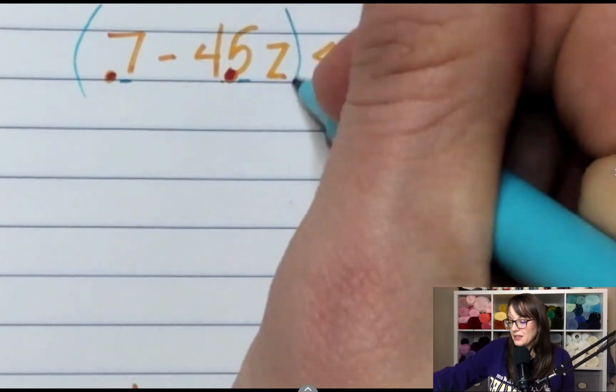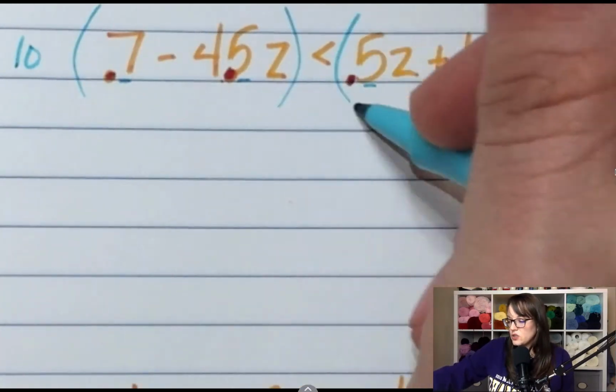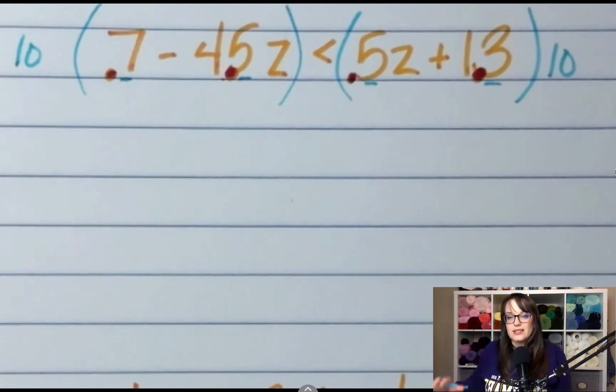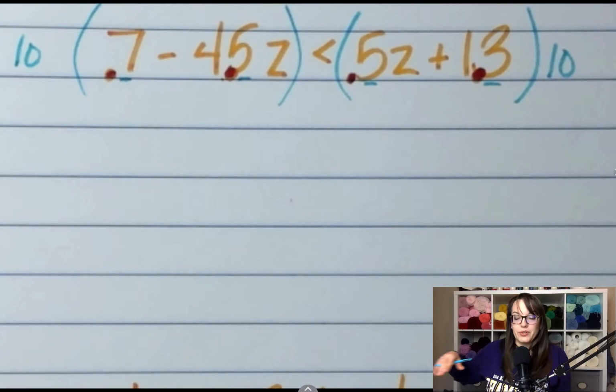If I multiply everything by 10, that is going to make all of those digits whole numbers. And remember, when I'm working with equations and inequalities, as long as I play by the rules, I can do anything I want to. So multiplying by 10 on both sides still keeps things equal.